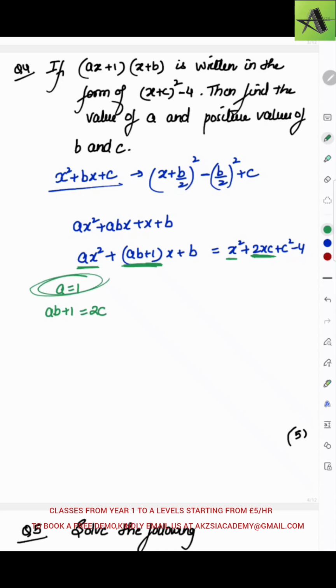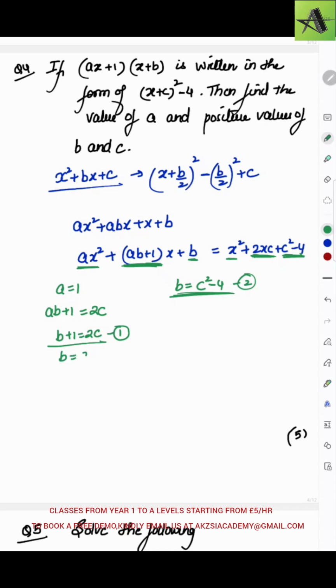A is 1 from the first equation we calculated, so b plus 1 is equal to 2c. This is equation 1. Comparing the constants now, b is equal to c squared minus 4. This is the second equation. Now this is the simultaneous equation that we have to solve, which is simple. From here I can find b is equal to 2c minus 1.